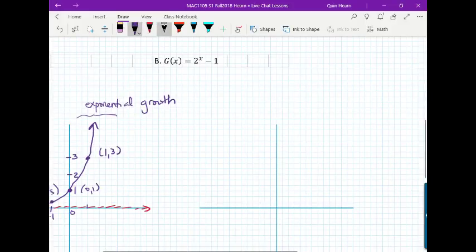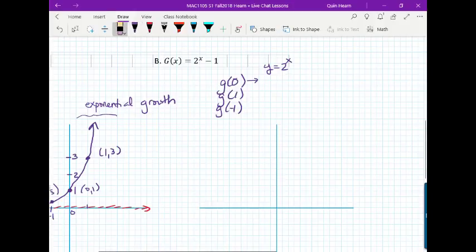Normally your 3 key points would be, you would plug in 0 and 1 and -1. Let's go ahead and graph 2 to the x first. If I were to graph 2 to the x, what would I get if I plug in x equals 0, x equals 1, and x equals -1?